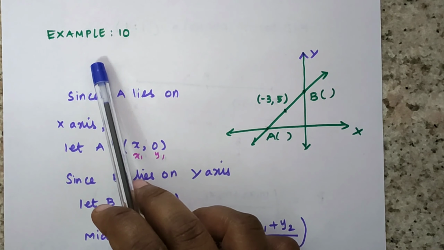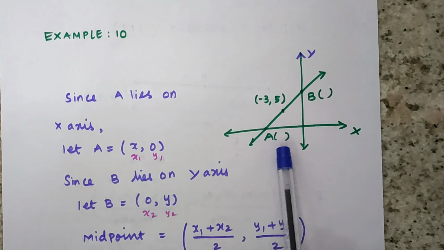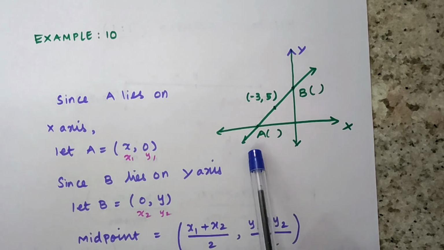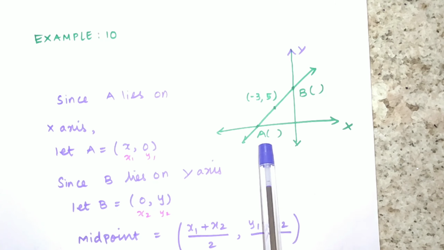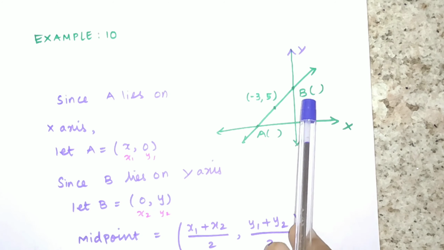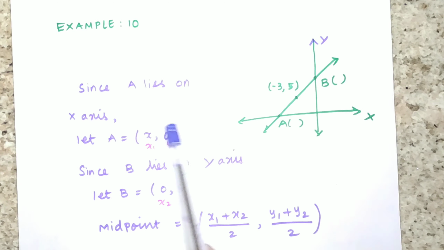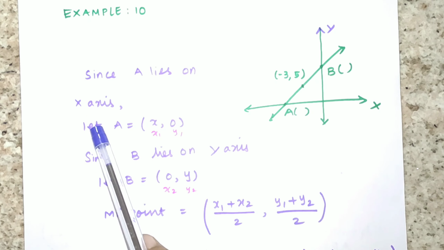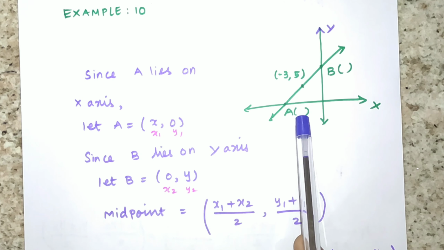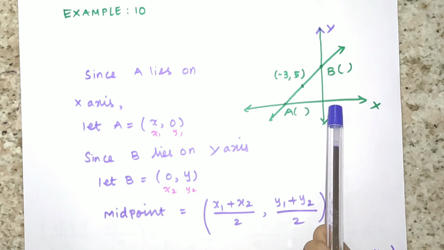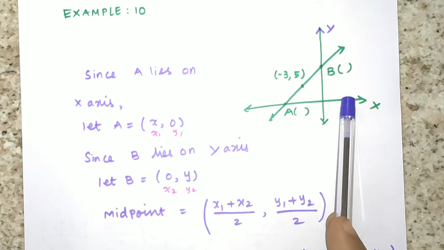So next, example 10. In example 10 they gave one diagram. Here our A point and B point lie on the x and y axes. Since A lies on the x-axis, the y coordinate must be 0. For example, (5, 0) means you plot that point on the x-axis at 5.